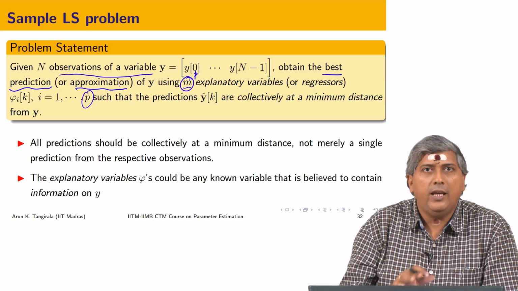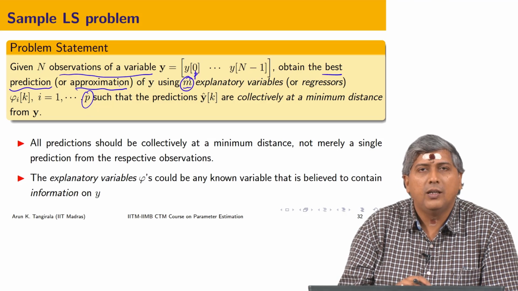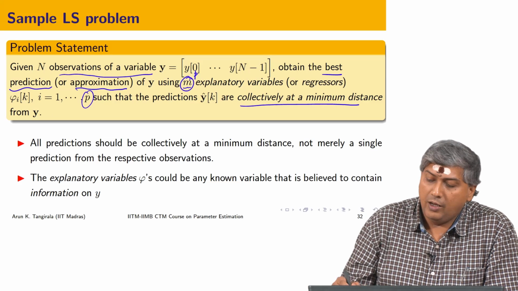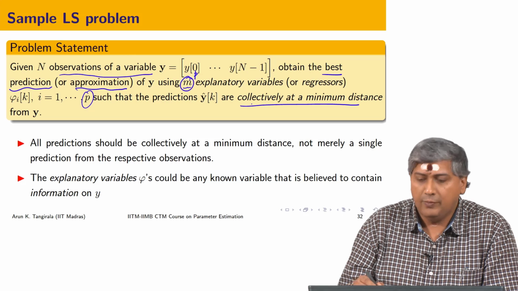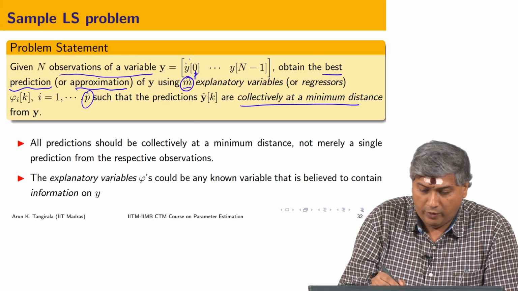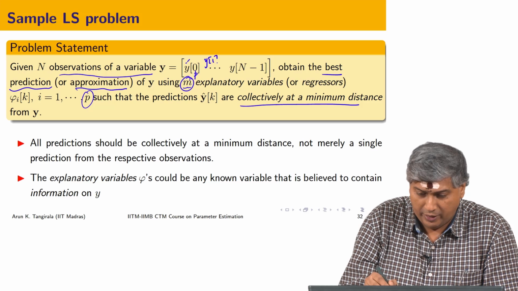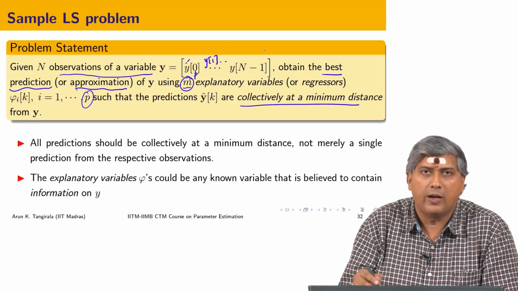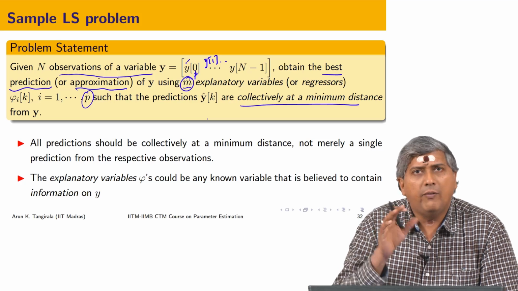That best way in the least squares framework is chosen in such a way that collectively the approximation is good. What do we mean by collectively here? For example, here we have y 0 and then the next one is y 1 up to y n minus 1, or if you do not like this indexing, you can use y 1 to y n. So, we have n observations.